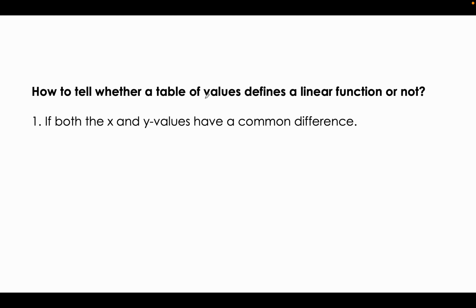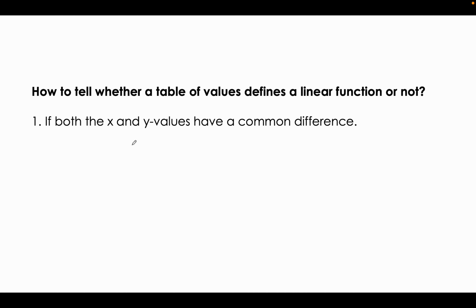So we only have one condition here. If both the x and y values have a common difference. Kung kukunin natin yung difference ng x and y values, pareho yung kanilang difference. That means that table of values representing the relation is a linear function.